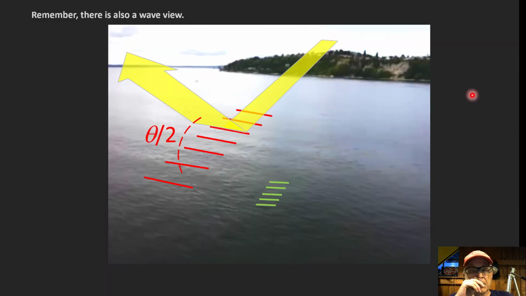So now, I stressed previously that if there's a particle view, there's also a wave view. And so here again are some waves taken from the bow of a ship that I was on at the time. And it's too bad it was a cloudy day, but you'll have to take my word for it.